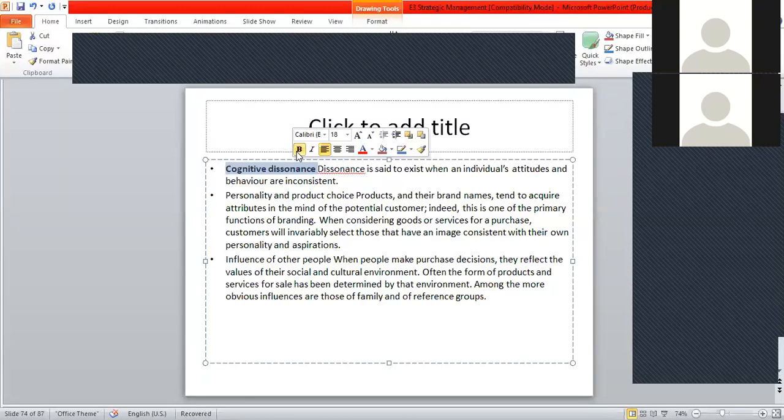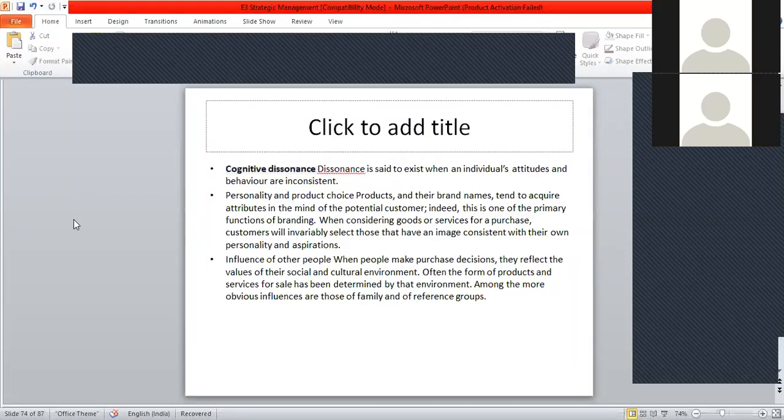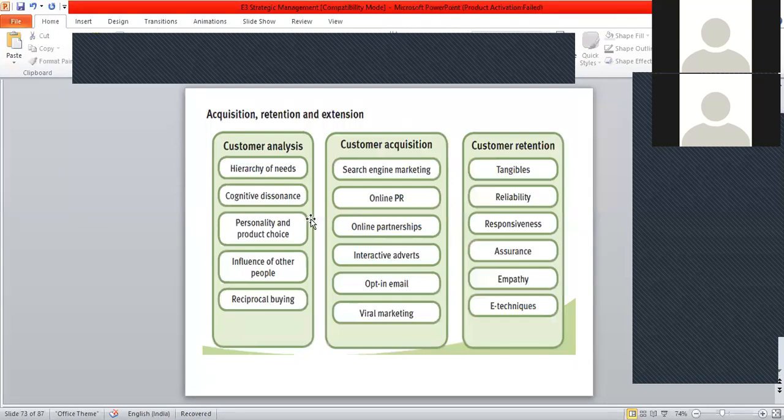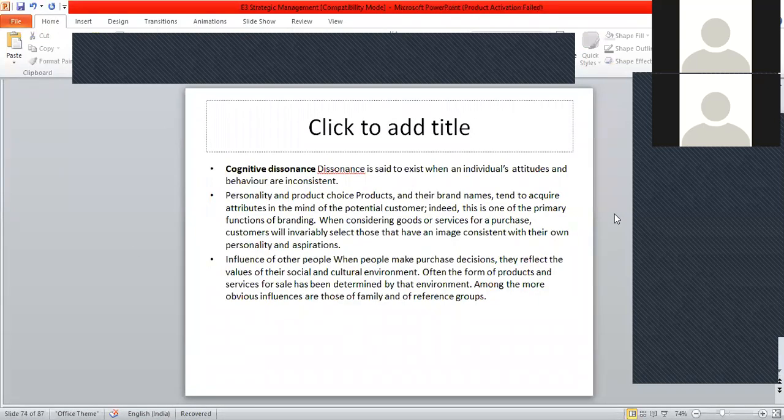Then after that, we see the personality and product choice. Products and their brand names tend to acquire attributes in the minds of potential customers. That's the primary functioning of branding when considering goods or services. Some of them are very particular about the brand of the product.